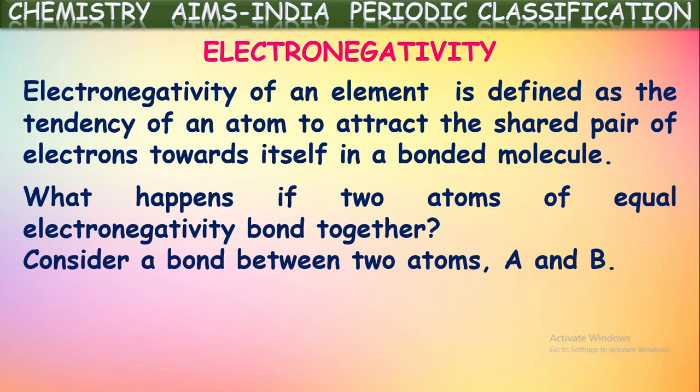What happens if two atoms of equal electronegativity bond together? If two atoms are combined in a molecule and both have the same strength to pull the pair of electrons towards them, what happens then? Let us understand this by taking an example molecule. Consider a bond between two atoms A and B. Two atoms A and B are bonded together by covalent bond formation, sharing a pair of electrons between them.